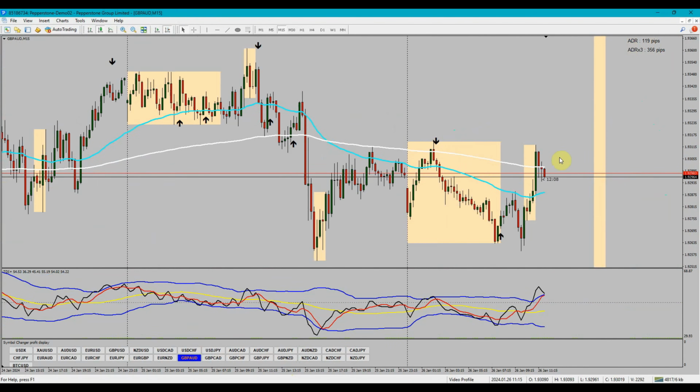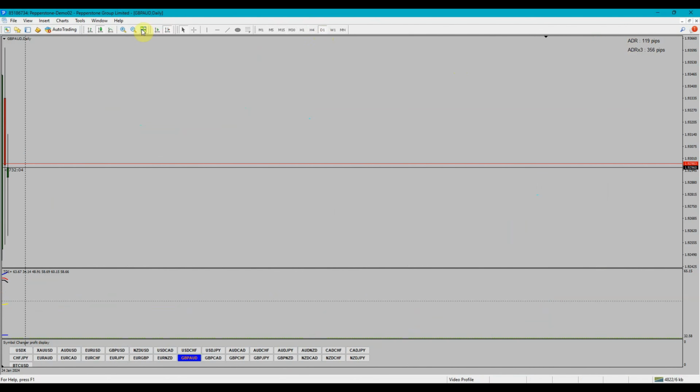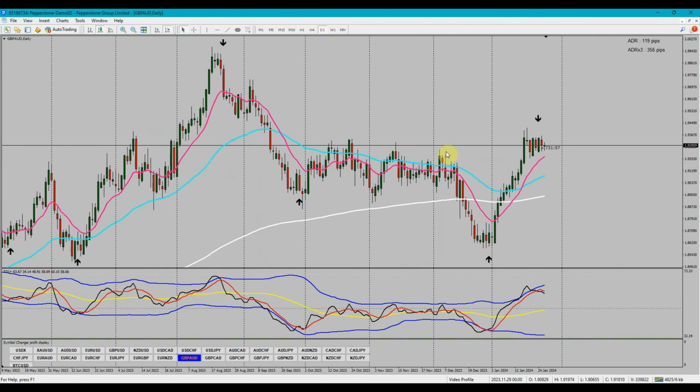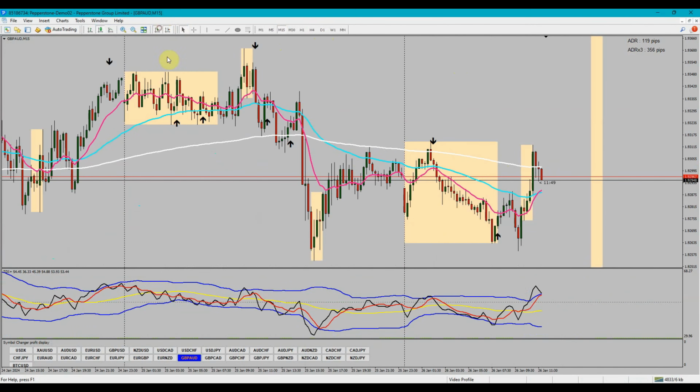It crossed here and right now I would be looking for a sell. But let's look at the daily and see what is taking place. Insert moving average. And what do we see? Oh, I see that we are trading above the 13 period moving average on the daily. So even though this is telling me that we are selling right now, I would be waiting for a buying opportunity.